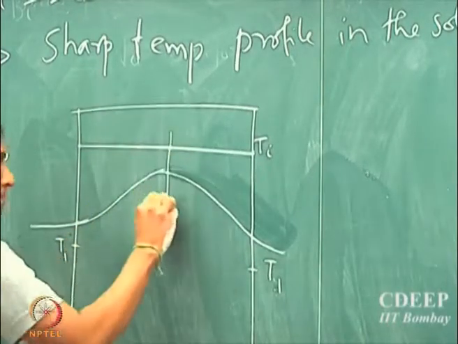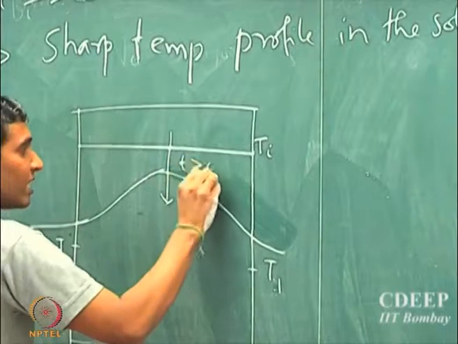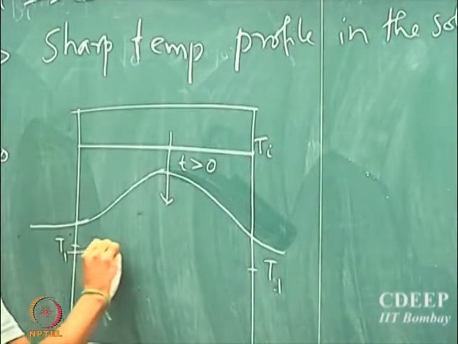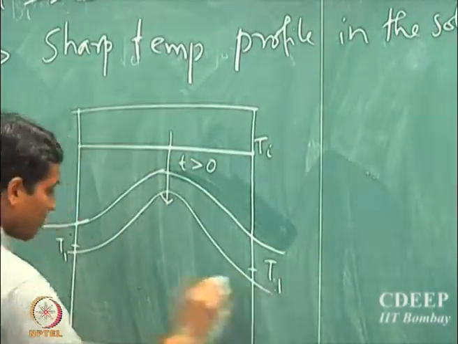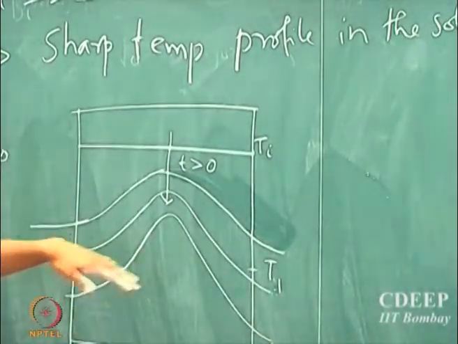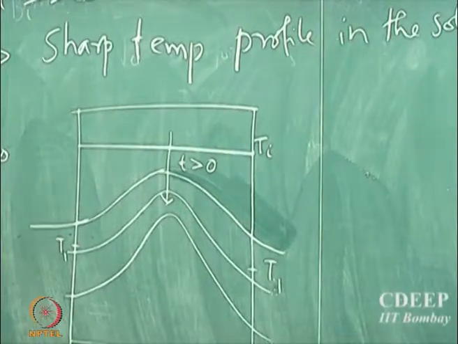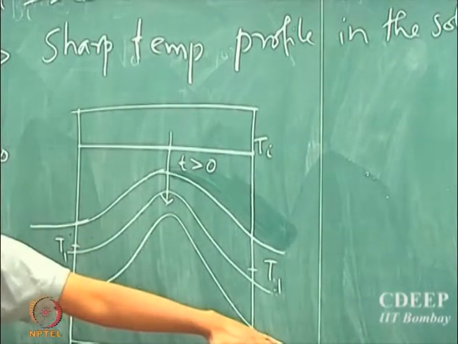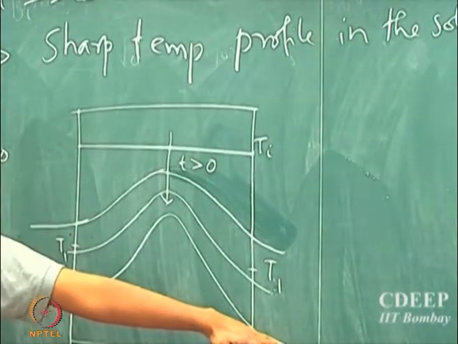So as time passes, for t greater than 0, you will start seeing profiles which look like this. You will have sharp gradients inside the solid while you will have not so sharp gradients outside the solid.